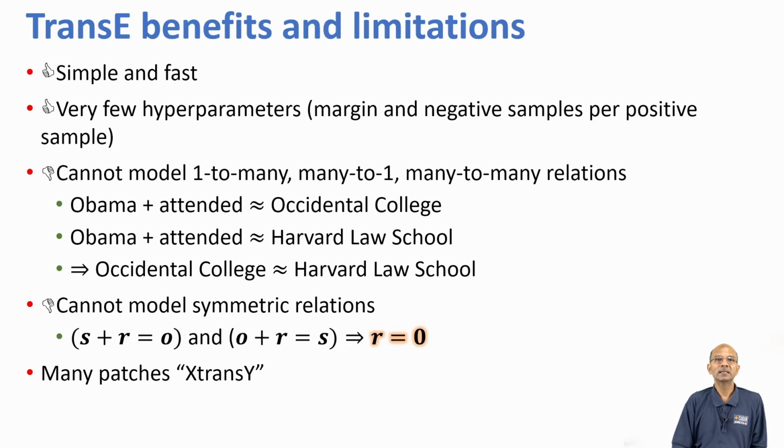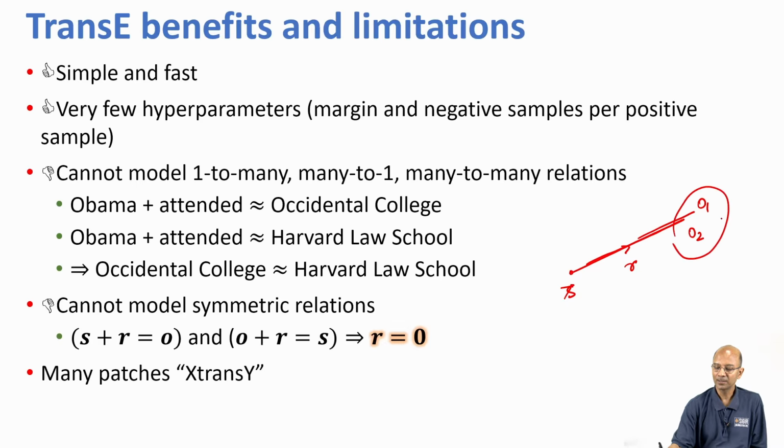The big difficulty is that TransE cannot model one-to-many, many-to-one, or many-to-many relationships. If Obama attended Occidental College and he also attended Harvard Law School, because Obama is the single subject and attended is the single relationship, what will happen is that if you attended both O1 and O2, the optimization would try to push O1 and O2 together toward the same point in space.